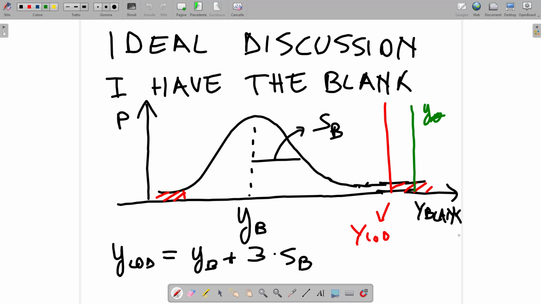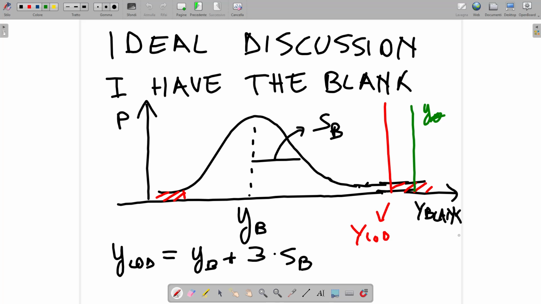Okay, rely on me because otherwise we cannot finish the lesson. So the tails represent the risk to be wrong in saying what? The red tail is the risk of being wrong in saying that an analyte is present. Okay, so rely on me.